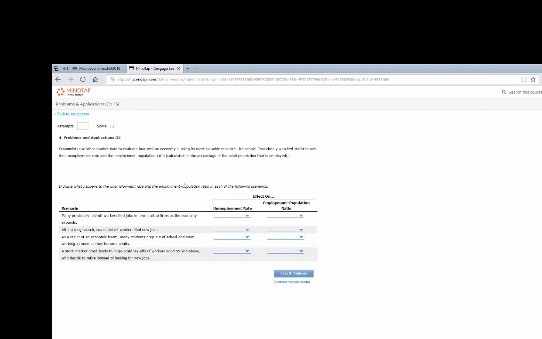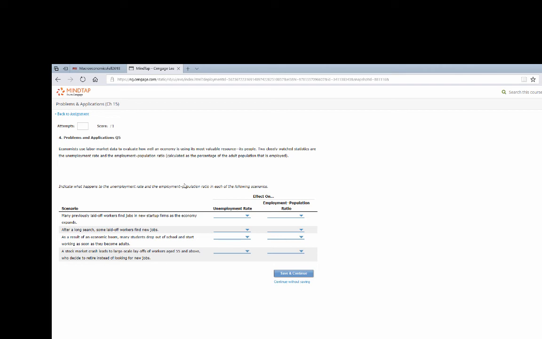Yes, we do. Question number 4 is kind of like the second question we were just looking at, but it's looking at the unemployment rate and the employment population ratio. Quick reminder: the unemployment rate is your unemployed divided by your labor force, multiplied by 100 to get that percent rate. The employment population ratio is your employed divided by your adult population, times 100.